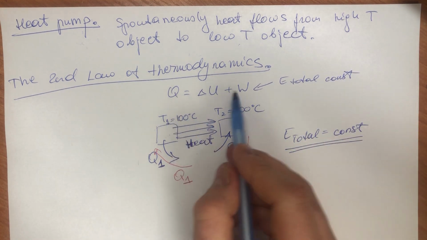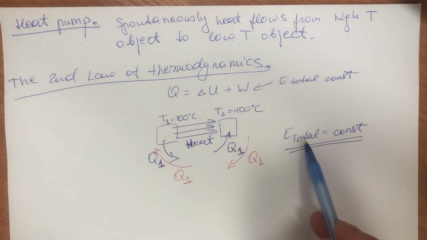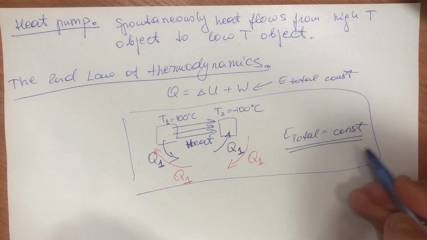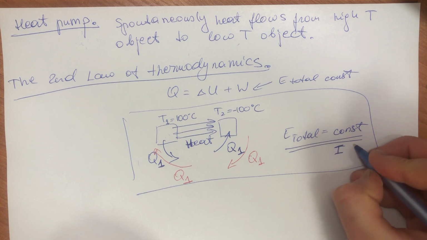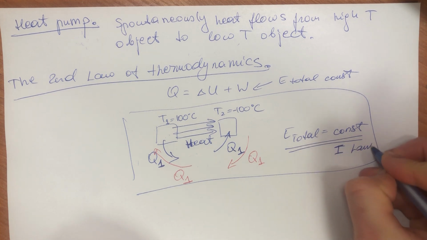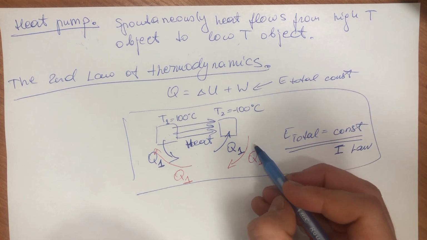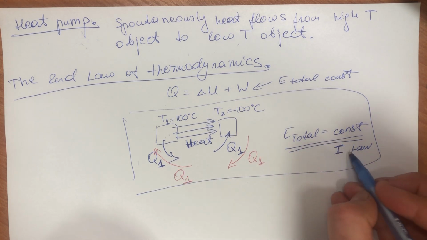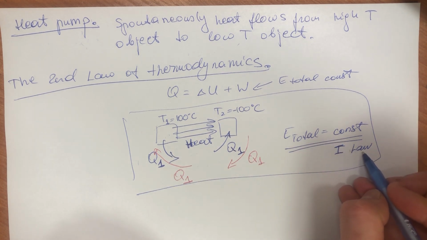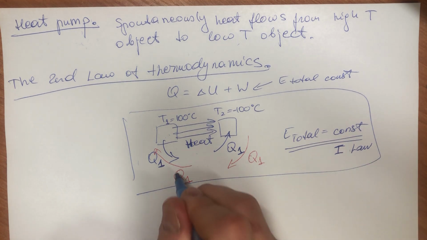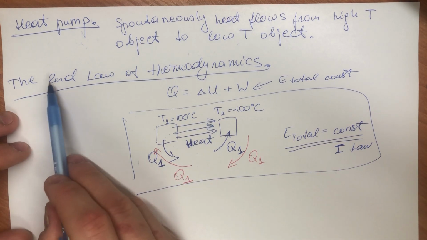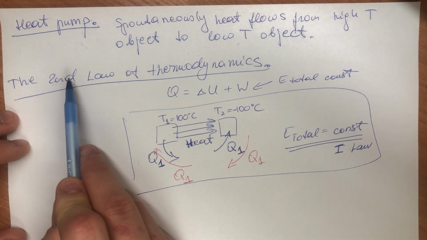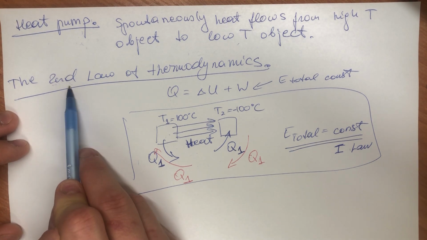That's what the first law says. If all the energy from this body goes to this body, the first law is satisfied. But we know in practice it never happens. So that's why we need the second law of thermodynamics to say whether the process happens spontaneously or not.